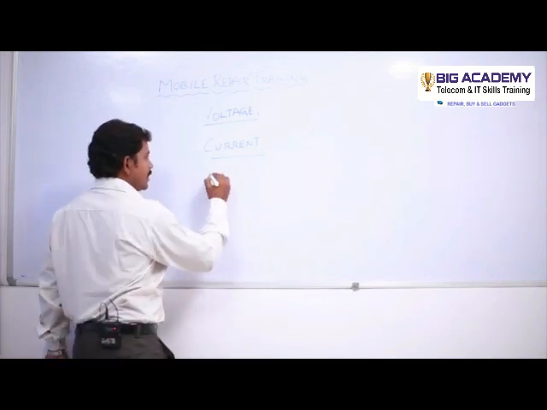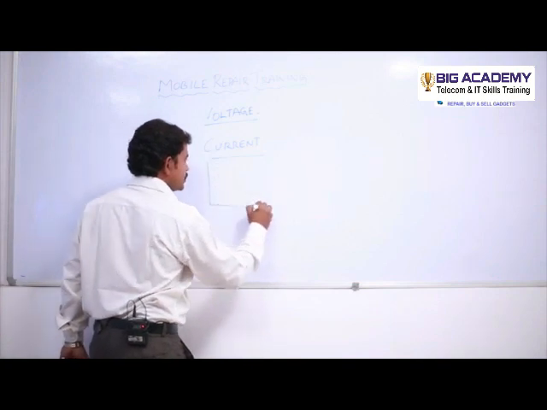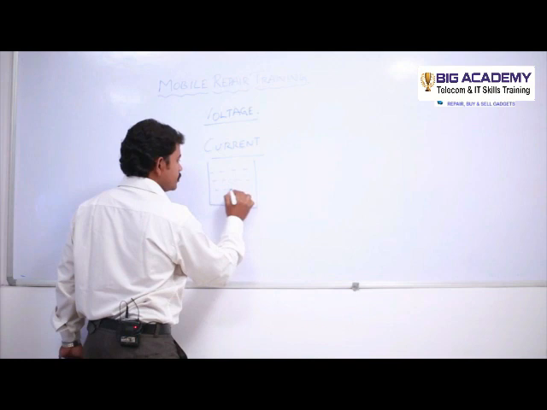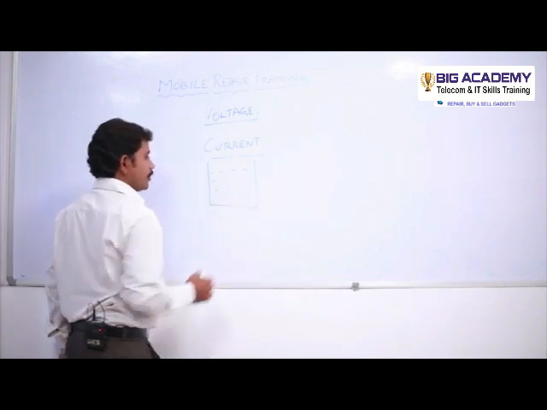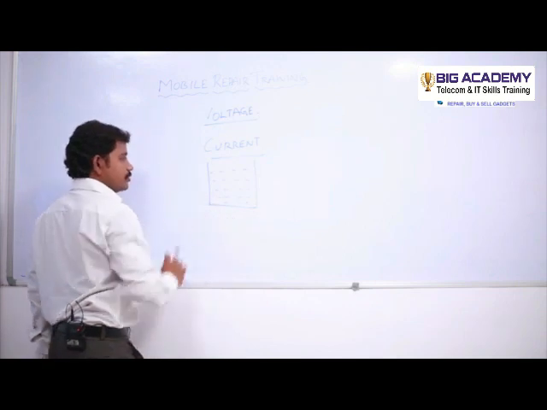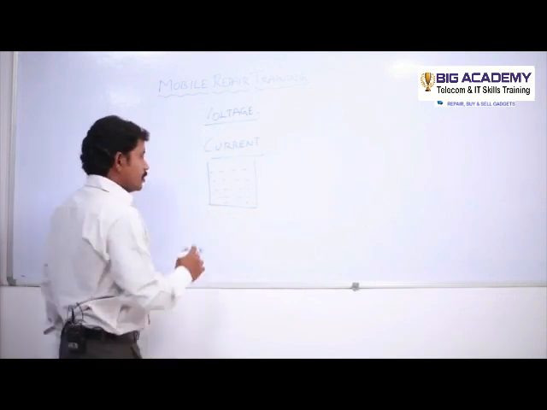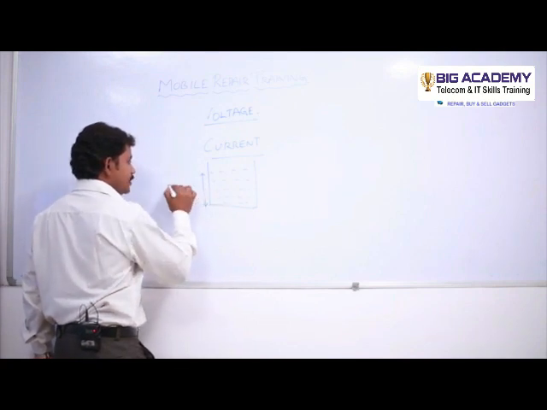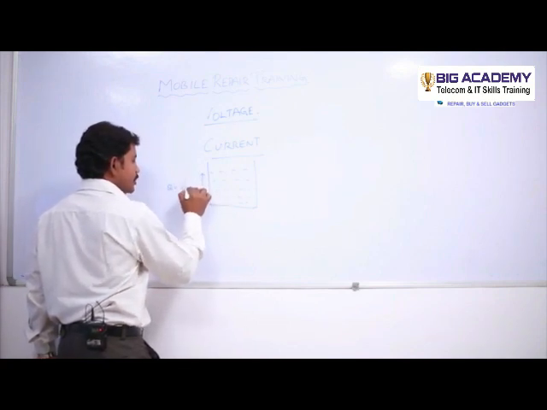I'll give one small example. This is a water tank which is full of water. If there is no drain point in this, the quantity you measure is called voltage.